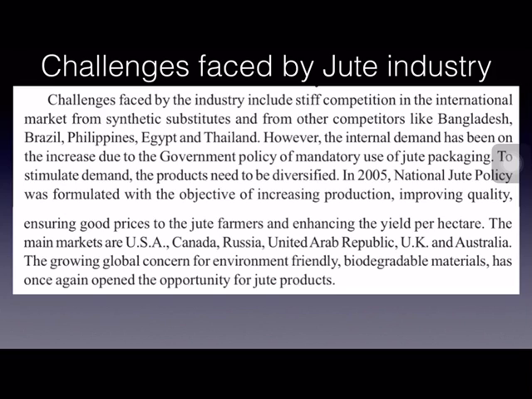The main objective of this National Jute Policy was to increase production and to improve the quality, and also to ensure good prices to the jute farmers. The main destinations of our exports are USA, Canada, Russia, United Arab Republics, UK and Australia.